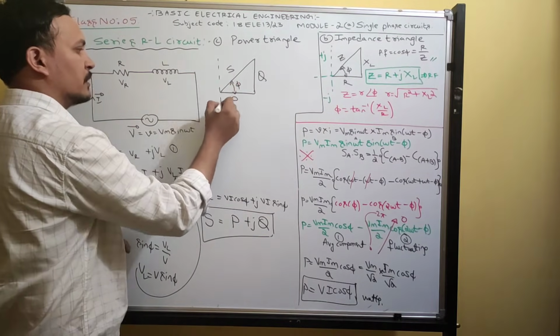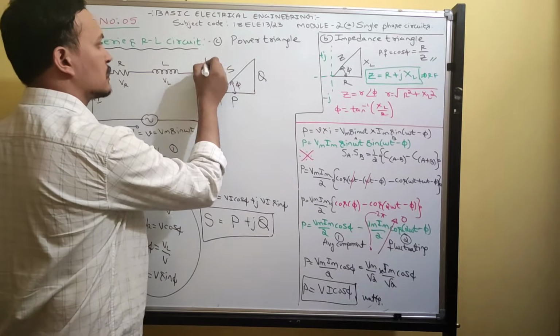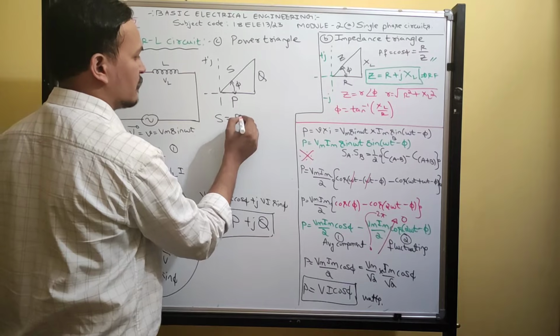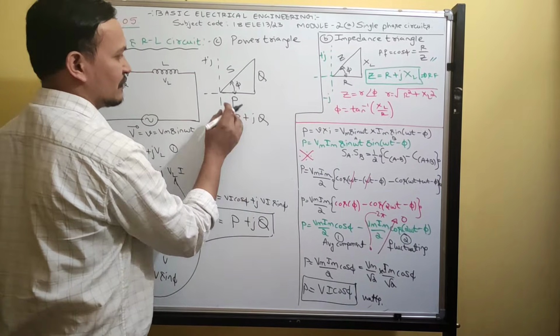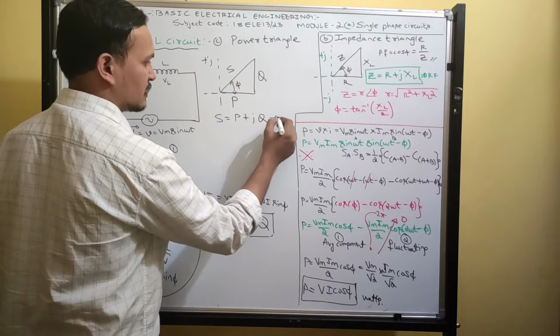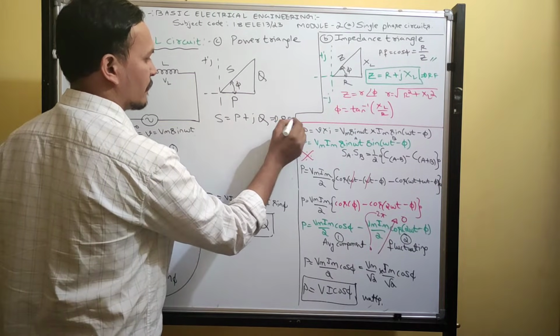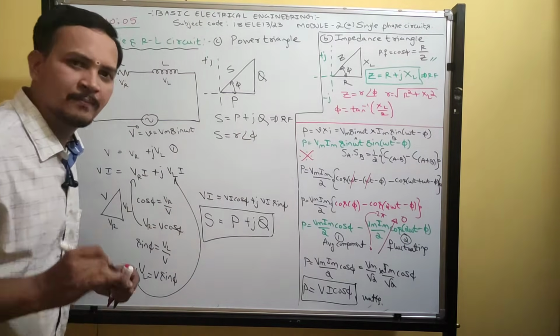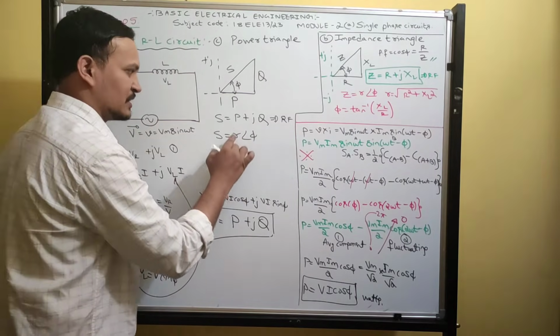So now write the quadrant diagram. This is the real axis and this will be the plus J axis. First you write the power in rectangular form, P plus JQ. P is real, JQ is imaginary. So what is the format? Rectangular form. Now polar form: S is equal to, by default you write R at an angle phi.